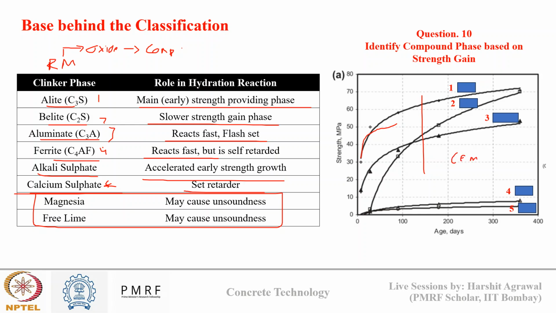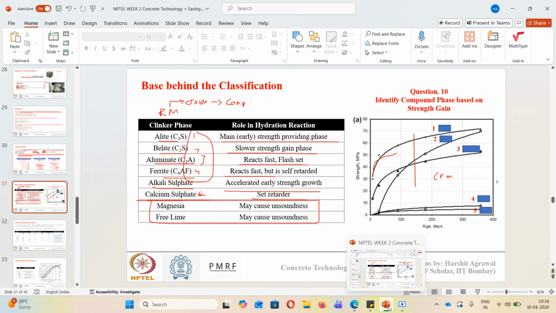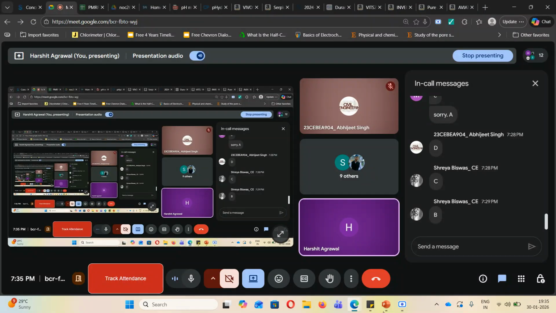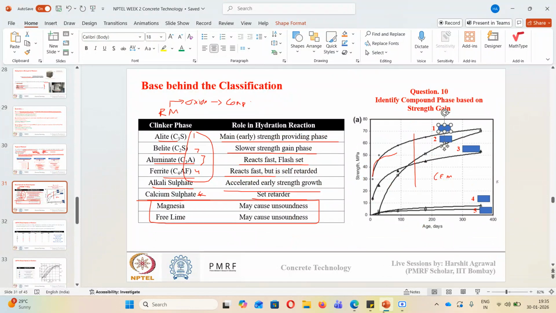So four of these are phases and one is cement. Which curve represents which phase? What will this curve 1 represent? Which compound is this curve 1 representing? Whether it is C3S, C3A, C2S, or C4AF, which compound is this?